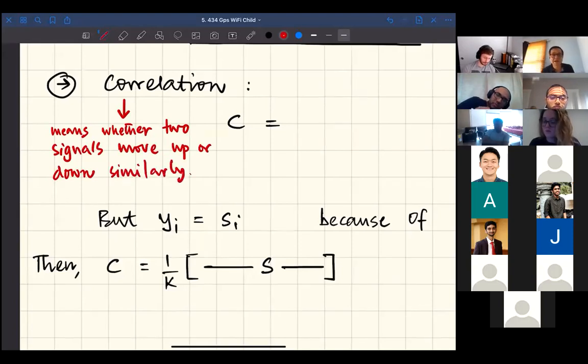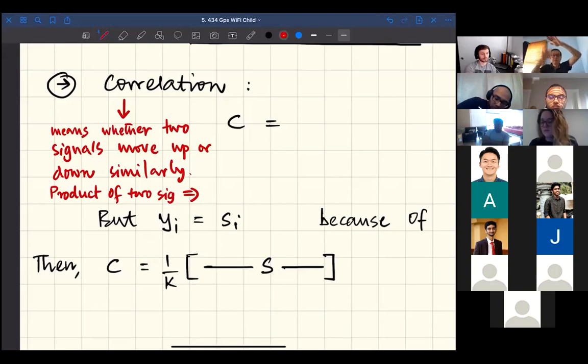Why is this mathematical? Well, you take the product of two signals. If they move up together, means positive, their product will be positive. If they move down together, they both are negative, their product will be positive. So if they move up and move down together, their products are likely to be more positive.